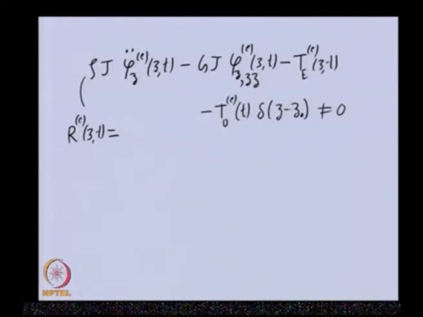Now, we want to minimize this residual as we do in the Galerkin method, by multiplying by the shape function and equating it to 0. This is the Galerkin method. I am substituting the residual here, and we get terms like this, with the residual expressed within the bracket.